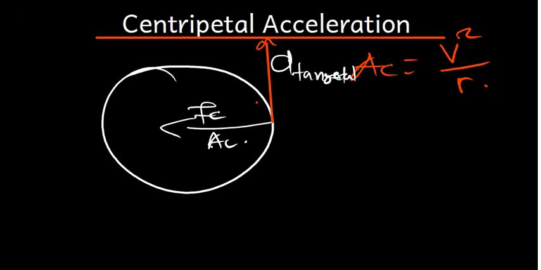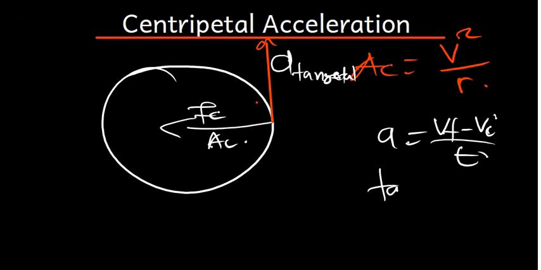Now, this tangential acceleration is given by the final velocity minus the initial velocity divided by the time. But sometimes, when you talk about the relationship, you can also use the tangential acceleration as the angular acceleration times the radius.